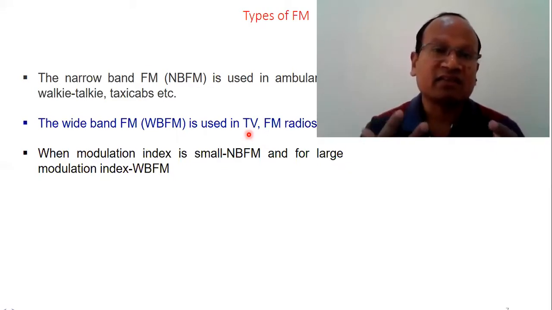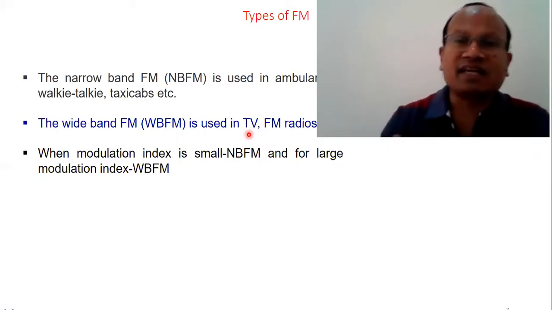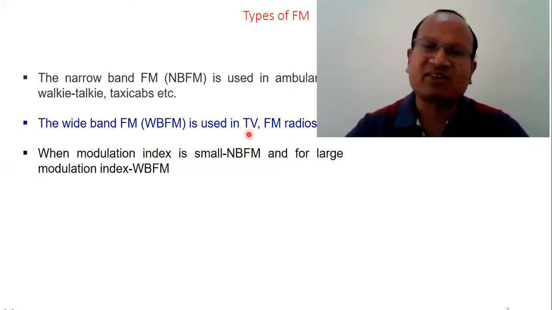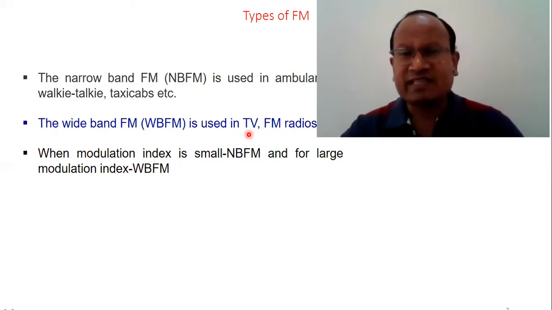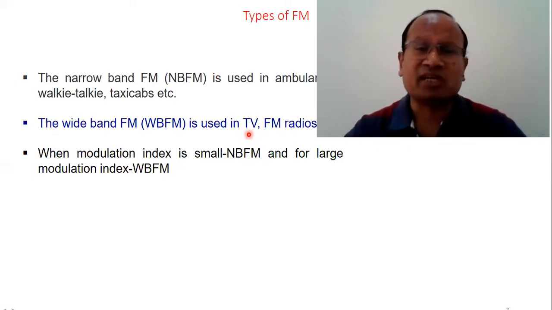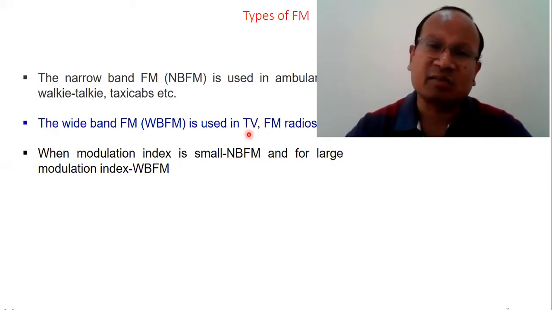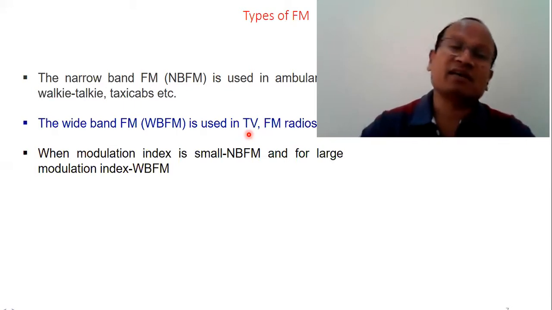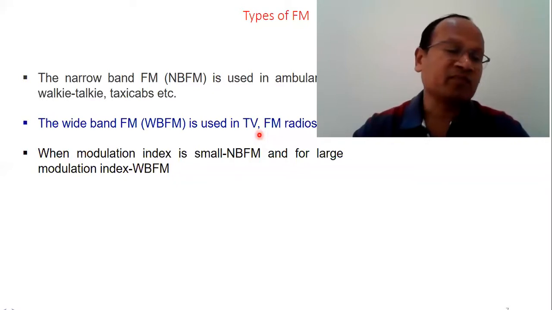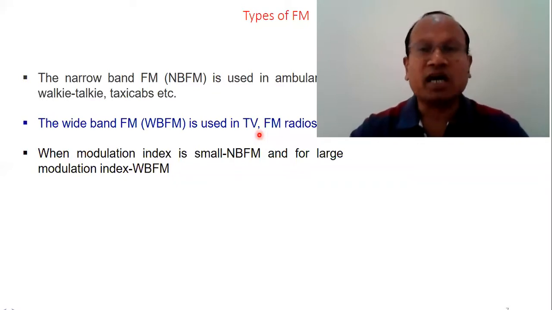For NBFM, the modulation index is less and bandwidth is less, so it is narrowband frequency modulation. It is used in some local applications related to ambulances, taxi cabs, and walkie-talkies. WBFM is used in FM radio, television, and broadcast applications where bandwidth and modulation index both are large.